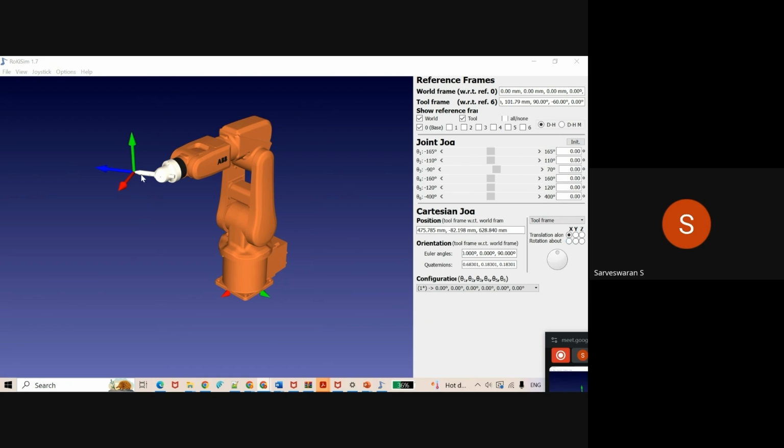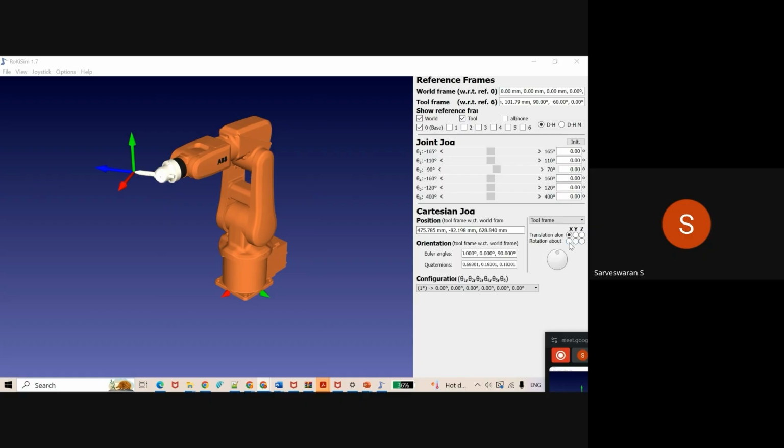So now if I want to move this tool frame from here to here, what can we do? Rotation about x. Oh, we will try that. So rotation about x.